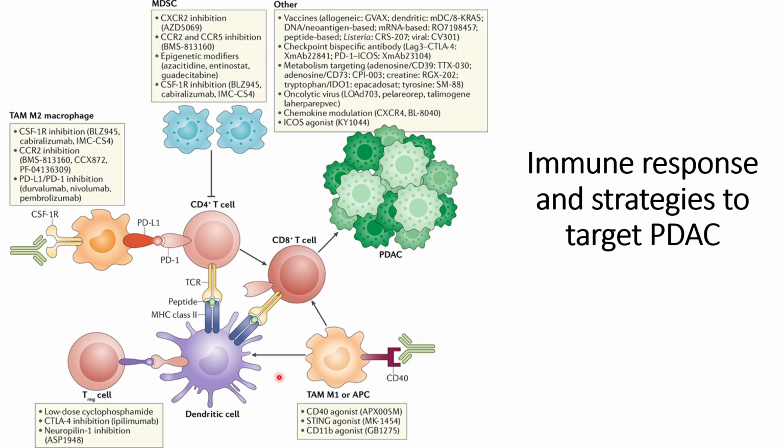And in order to modulate the M1 type macrophages, one can use a CD40 agonist, STING agonist, or CD11B agonist. All these will affect the interaction of these tumor associated macrophages with either the CD8 plus T cells or the dendritic cells.